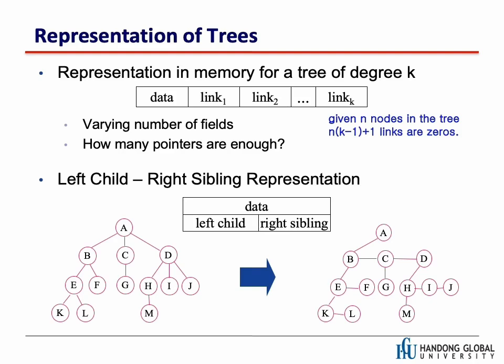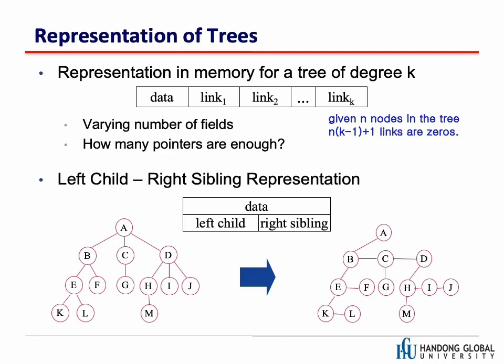So that's how we get this n times k minus n plus 1 links that are zeros. This number comes from the fact that we have n times k links, but we use only n minus 1 links. Look at this figure really carefully, then you can figure out how we get this number.